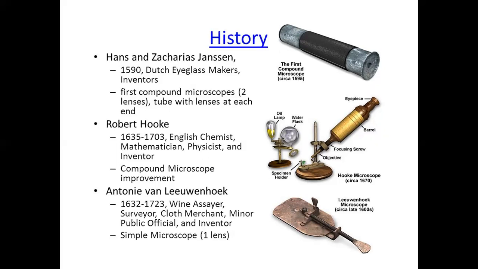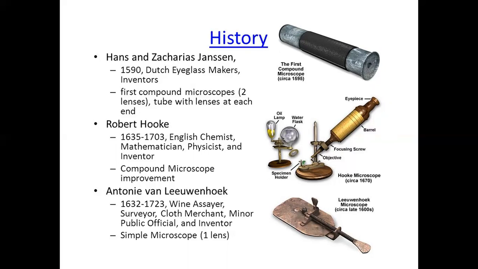Second one is Robert Hooke, who was an English chemist, mathematician, physicist, and the inventor of the compound microscope. He made some improvements to the compound microscope.